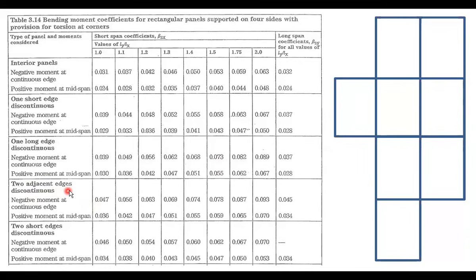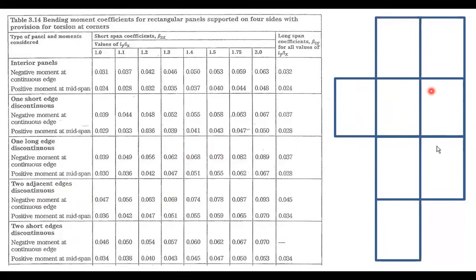Then 2 adjacent edges discontinuous, like this case here; the other 2 edges are continuous. Then 2 short edges discontinuous, like a case here where you have this short edge discontinuous, and the third one is also discontinuous.